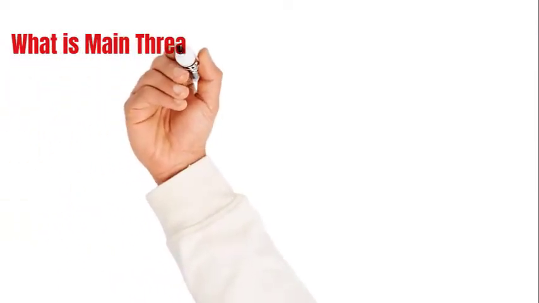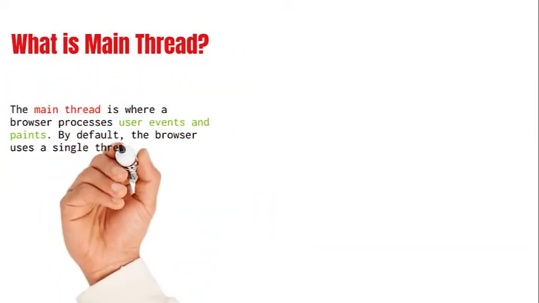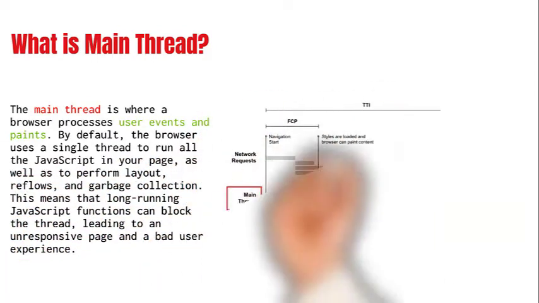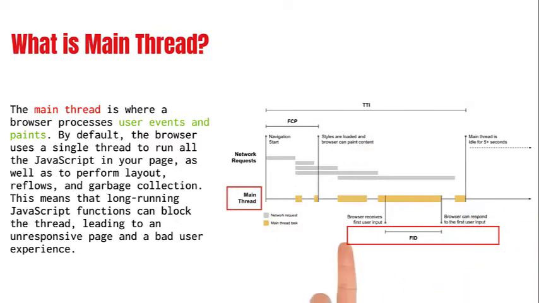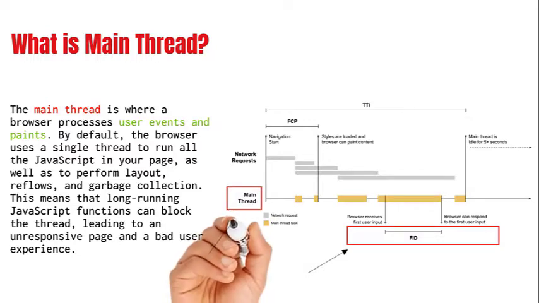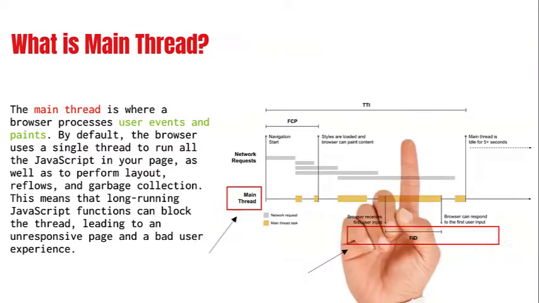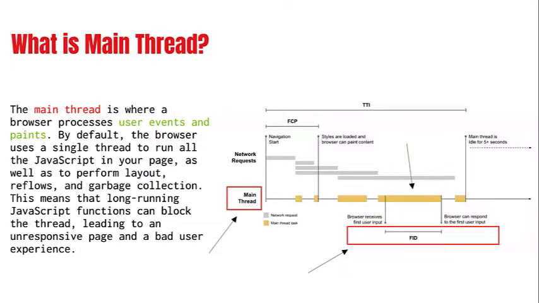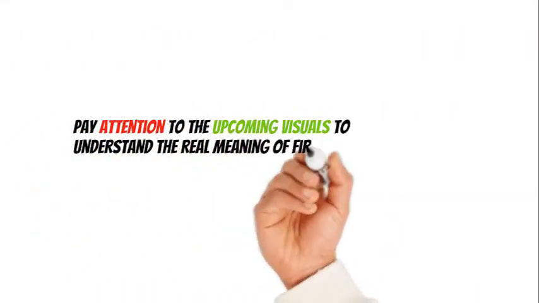First, let's have a quick look at visuals of good and bad main thread. The main thread is where a browser processes user events and paints. By default, the browser uses a single thread to run all the JavaScript in your page, as well as to perform layout, reflows, and garbage collection. This means that long-running JavaScript functions can block the thread, leading to an unresponsive page and a bad user experience.